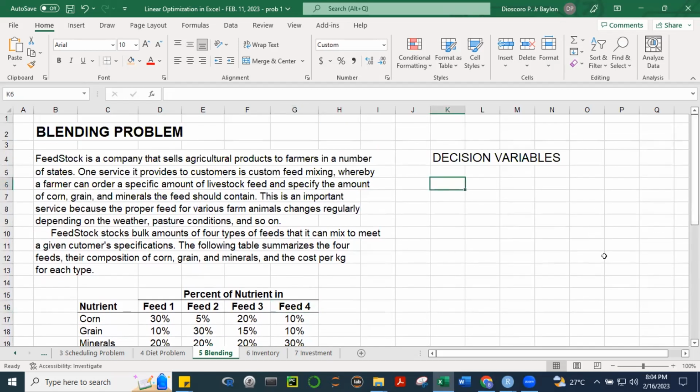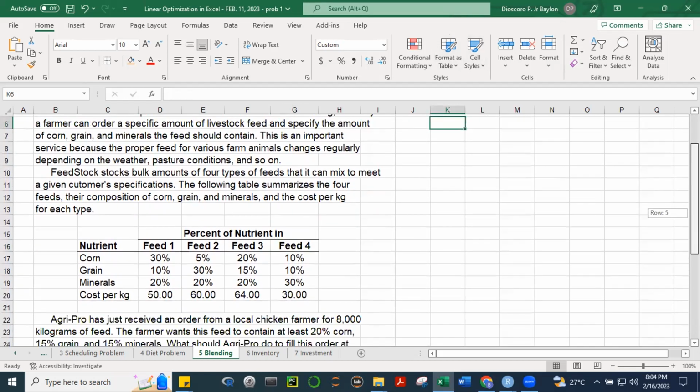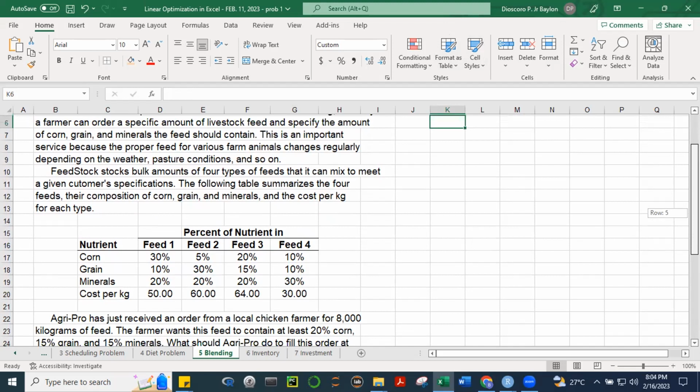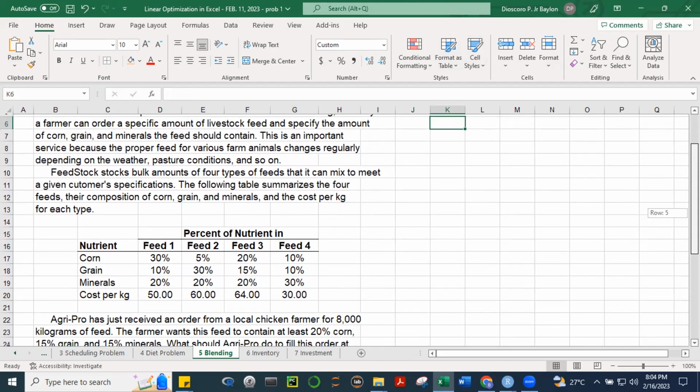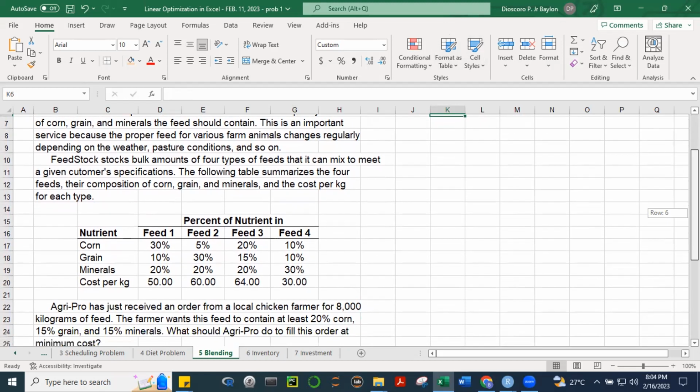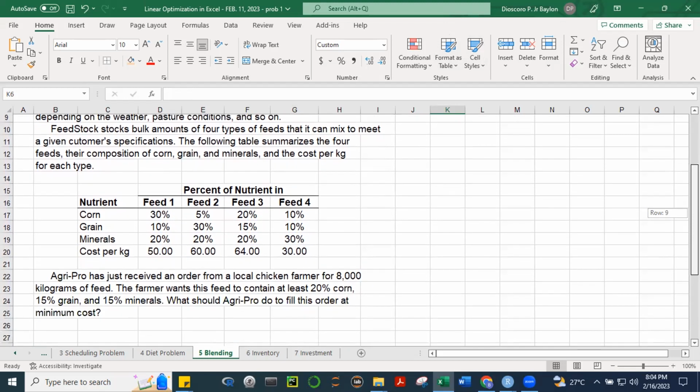Anyone, class? Yes, Erwin? Thank you. I think, sir, the decision variables are the number of kilograms to be produced per type of feed. Since there are 4 feeds to choose from, there are 4 decision variables, sir.